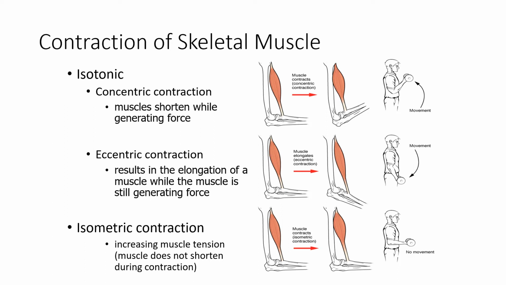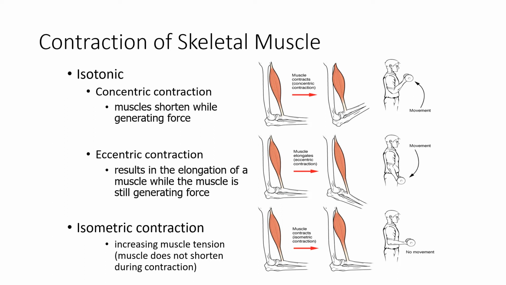For example, when lifting a heavy weight, a concentric contraction of the biceps would cause the arm to bend at the elbow, lifting the weight towards the shoulder. Cross-bridge cycling has occurred, shortening the sarcomere, the muscle fibre, and ultimately the muscle.